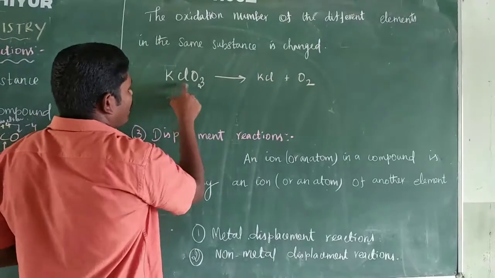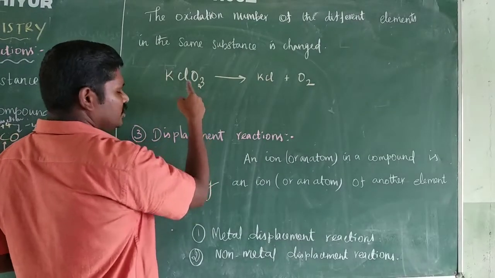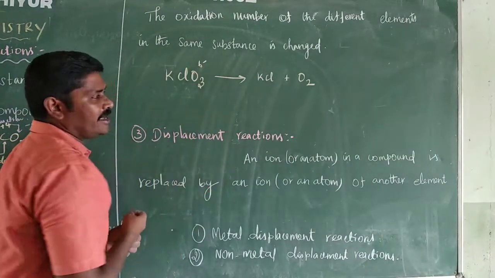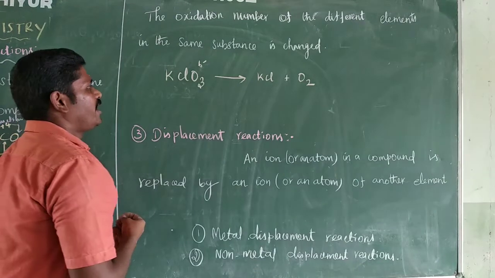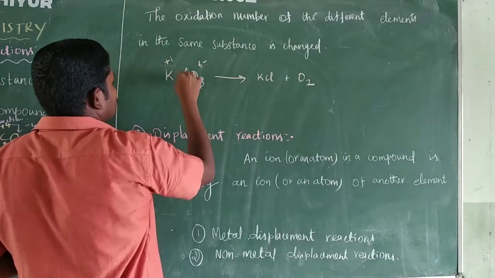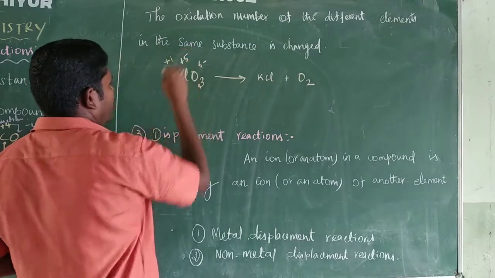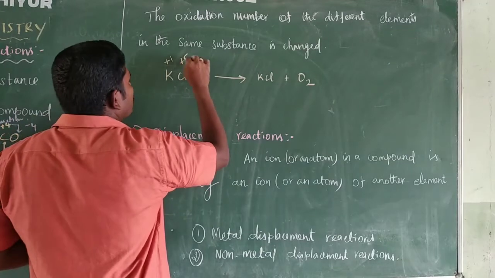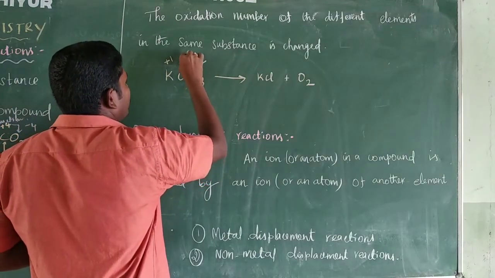For example, in potassium chlorate, each oxygen is minus 2, so oxygen is 6 minus, potassium is plus 1, so chlorine is plus 5.